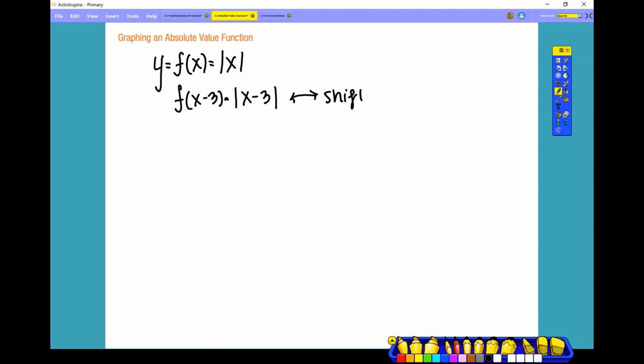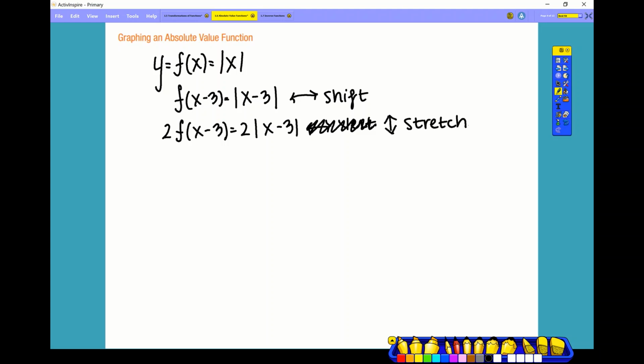So horizontal shift, a sideways shift. This is what it looks like when we have a vertical stretch. Oh, I'm sorry, vertical stretch, the up and down stretch.